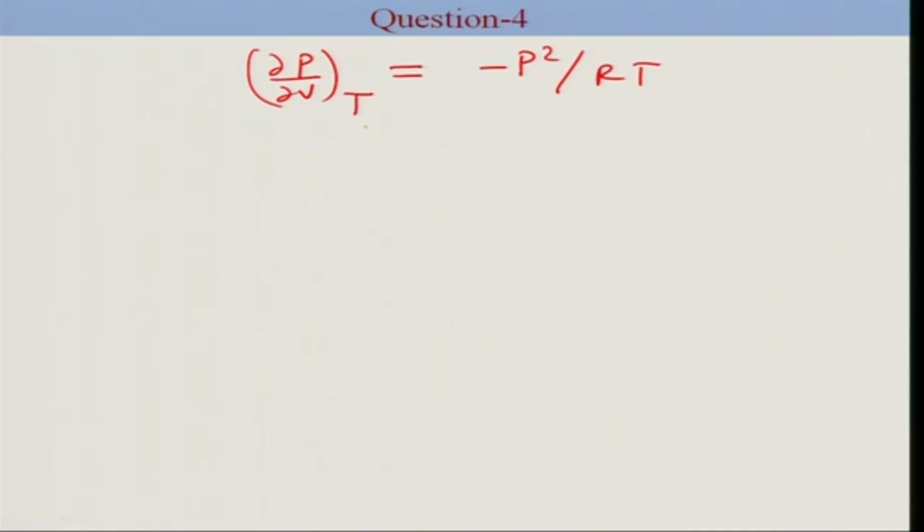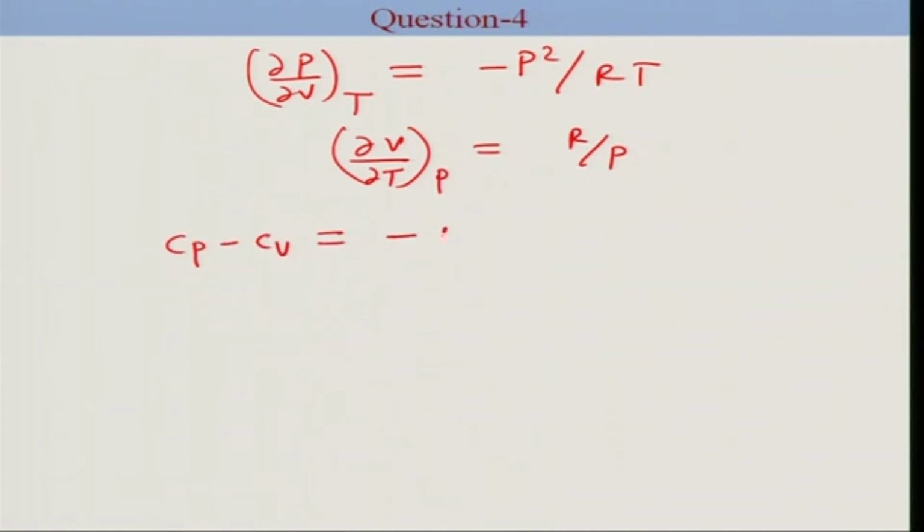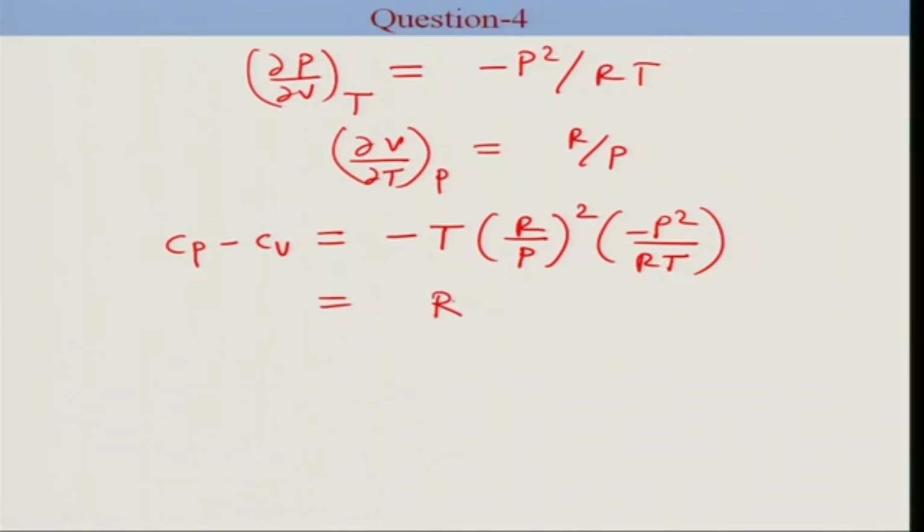And taking derivative with respect to T of that equation of state at constant pressure will give us R upon P. So, substituting all these values, we get Cp minus Cv equal to minus T times R by P square into minus P square upon RT. So, this gives R. So, Cp minus Cv will be equal to R.